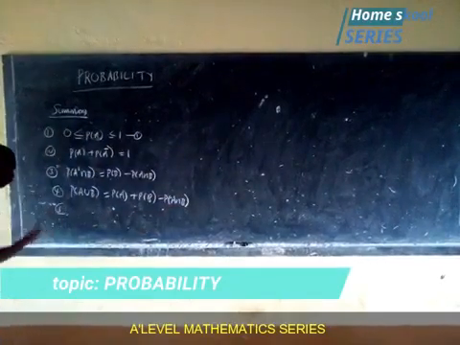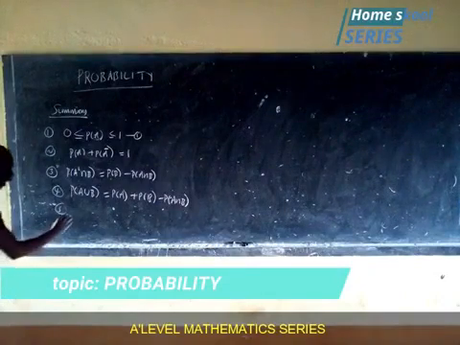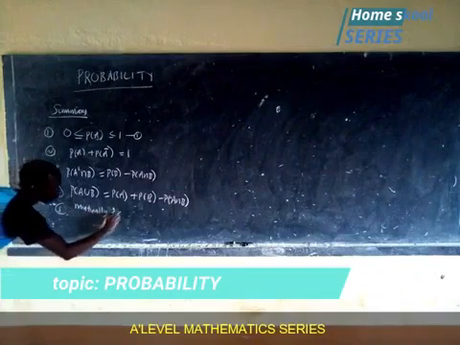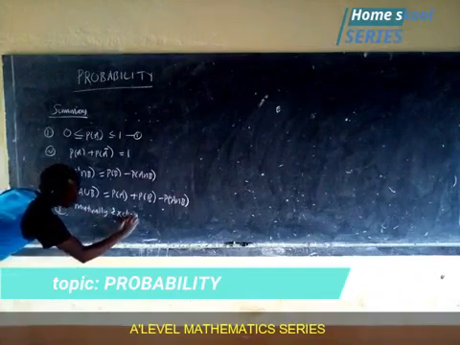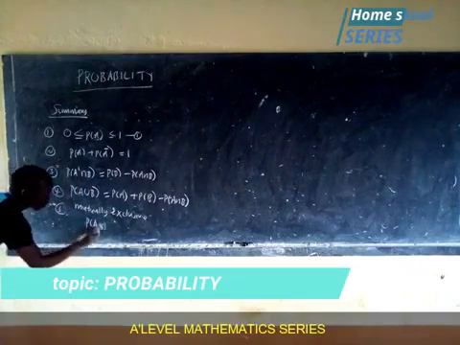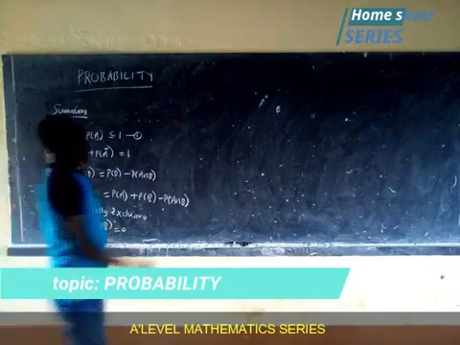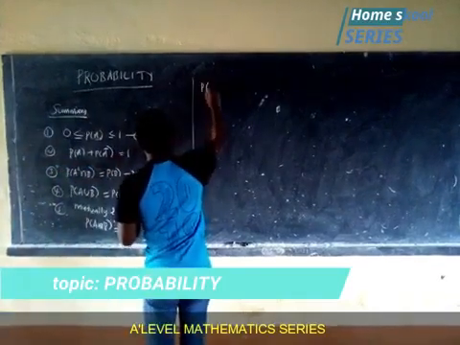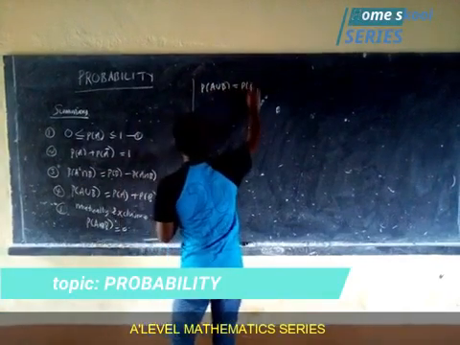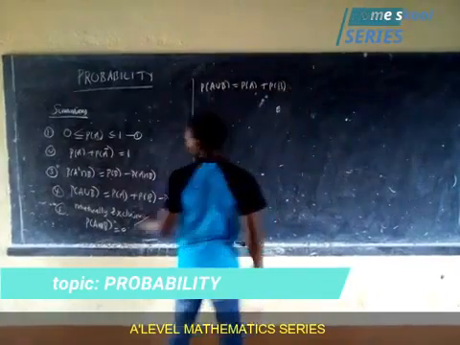And then number 5, we saw that if two events A and B are mutually exclusive, it would imply the probability of A intersection B becomes 0, which simply means that the probability of A union B becomes probability of A plus probability of B minus 0.